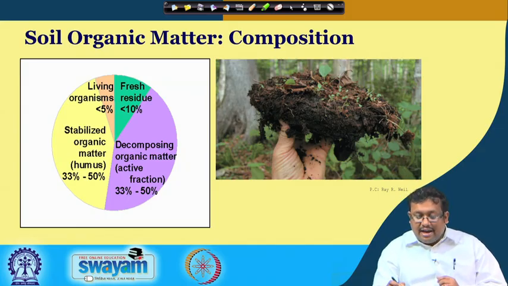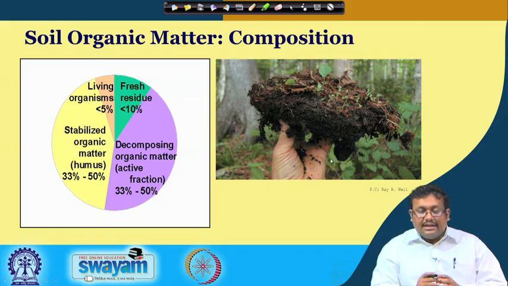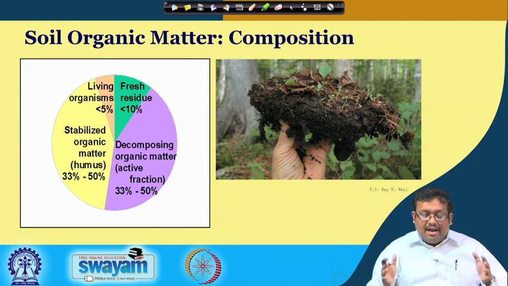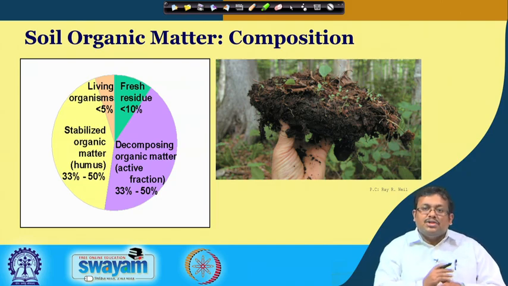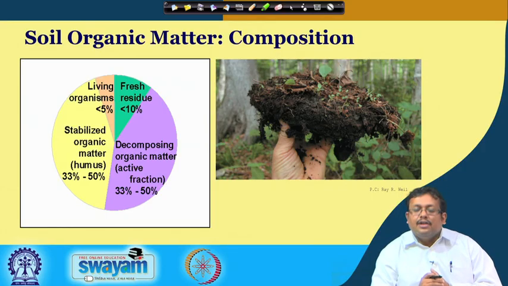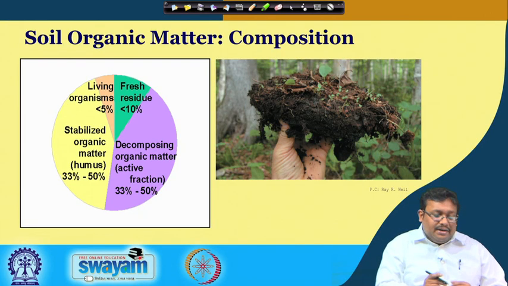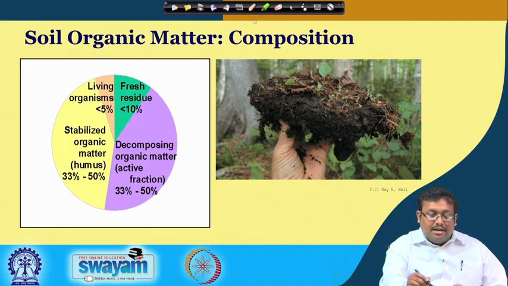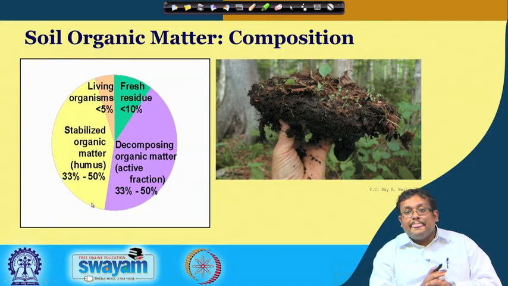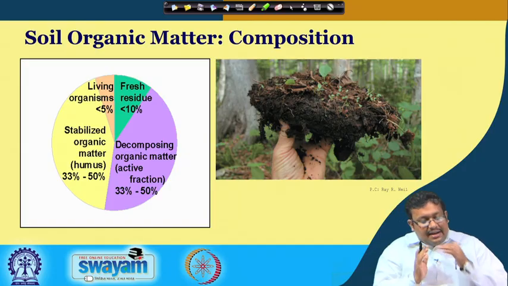As you can see in the right picture, we have an active fraction of soil which we can generally see at the top of any soil, especially in forest-like areas. This surface layer is basically decomposing organic matter. And the 33 to 50% is basically called humus, and humus is a stabilized organic matter.